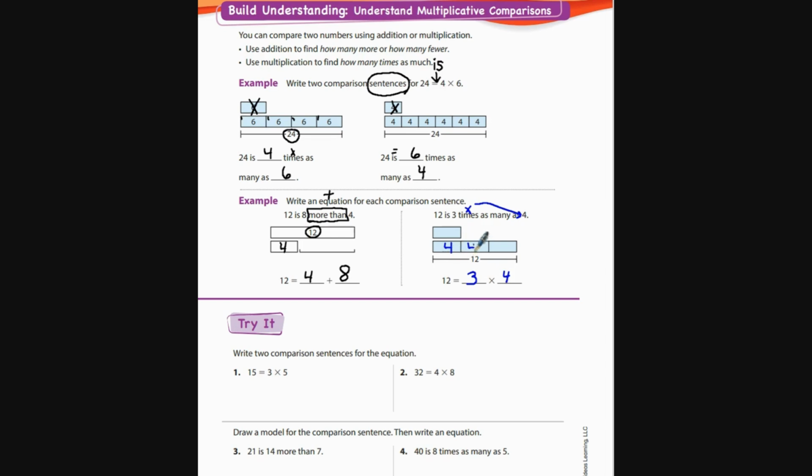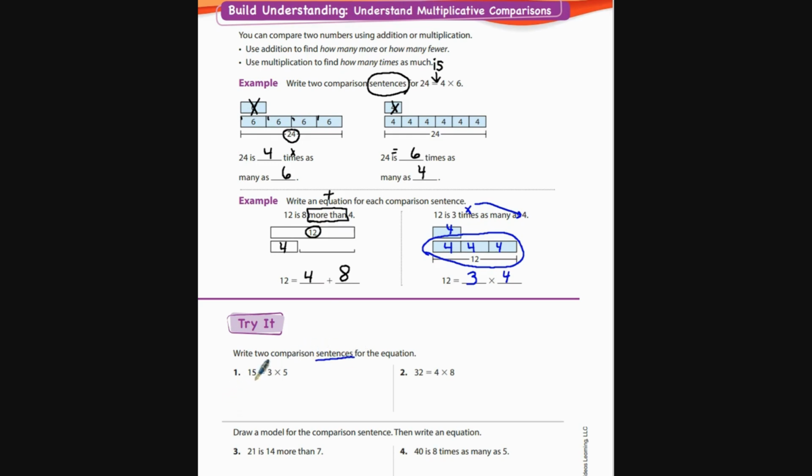Because inside of each box, in other words, if I had 4 and I wanted to find out what 3 times as many as 4 is, I'm looking at this. This means 12 is 3 times as many as 4. Or 12 equals 3 times 4. Okay, let's practice.